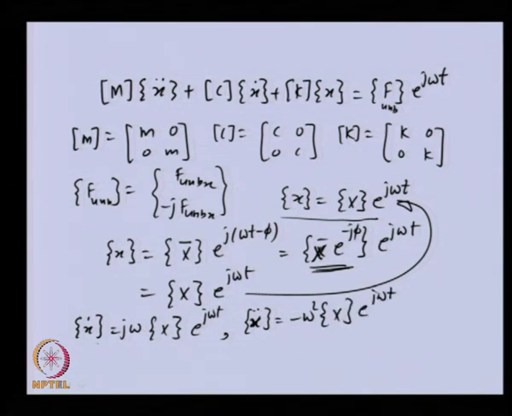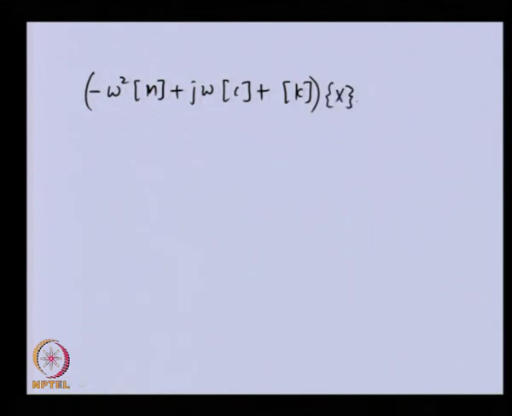These solutions and their derivatives we can put into the equation of motion in matrix form. So, we will get a solution like this. We can take the complex displacement vector and the force, and the time-dependent terms e to the j omega t will vanish from both sides.